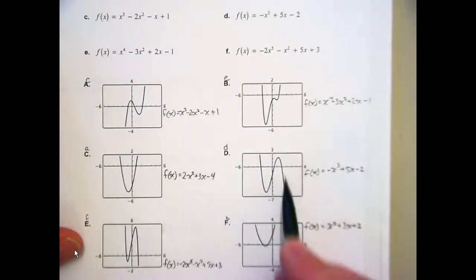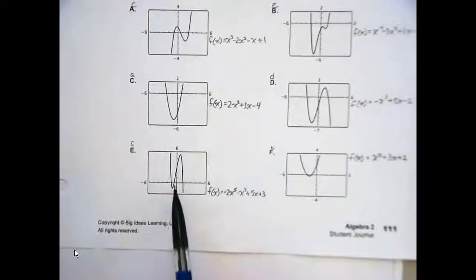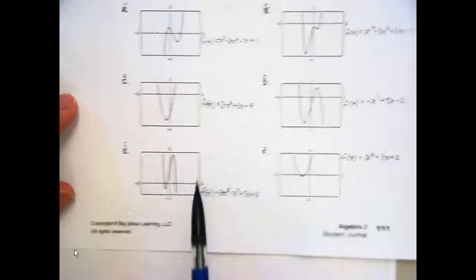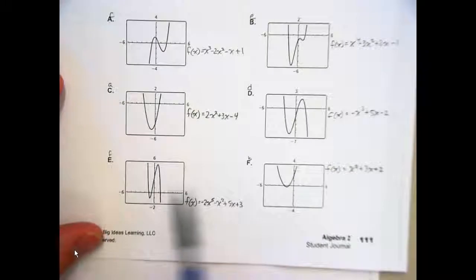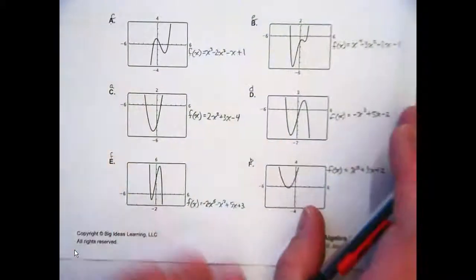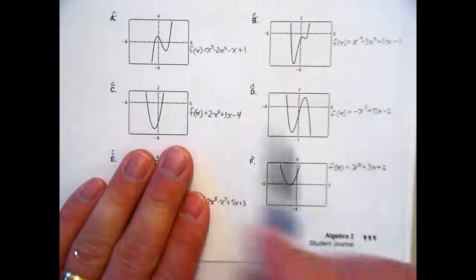Cubic. How many turning points? 2. Cubic. How many? Or fifth degree. How many turning points? 2. Uh-oh. So some of you had an idea, and then you're like, oh, man. Okay. How about here? How many turning points? 1. So what's it appear like if we ignore graph E? What's it appear?